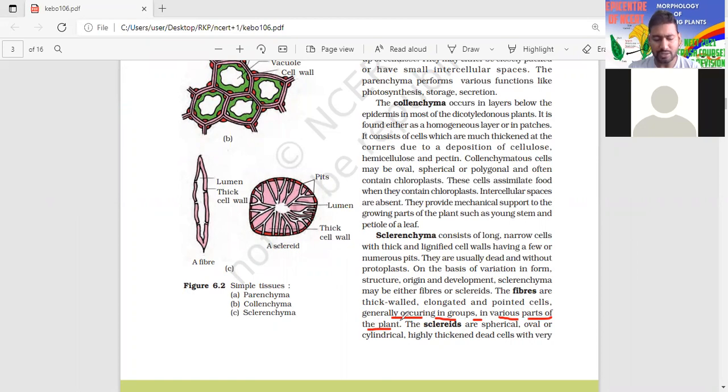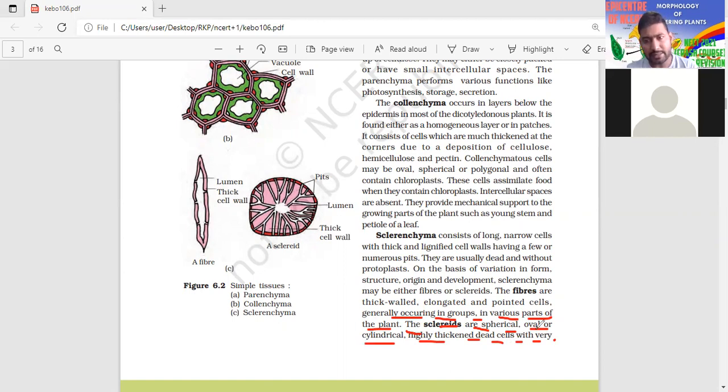Now, these fibers have a very important function. Sclereids are very important compared to fiber.